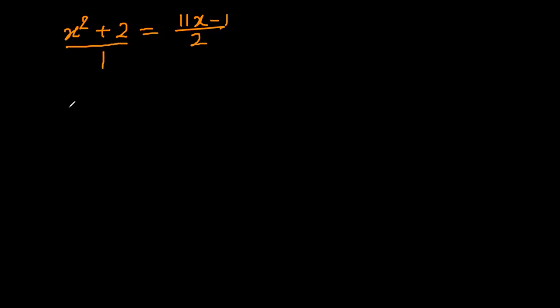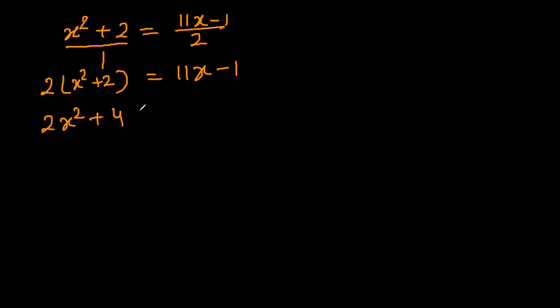So if you cross multiply, 2 times x squared plus 2 is equal to 11x minus 1. That means 2x squared plus 4 is equal to 11x minus 1.